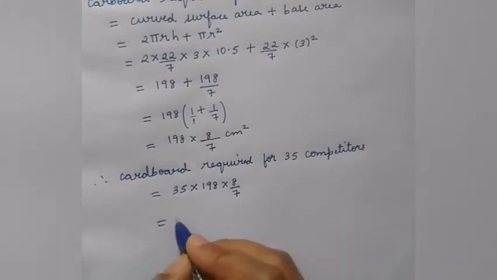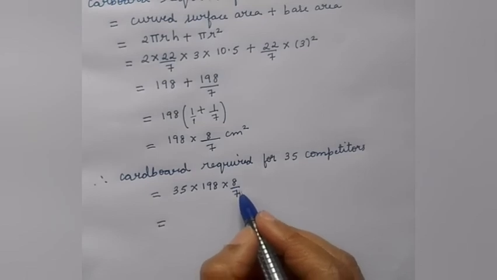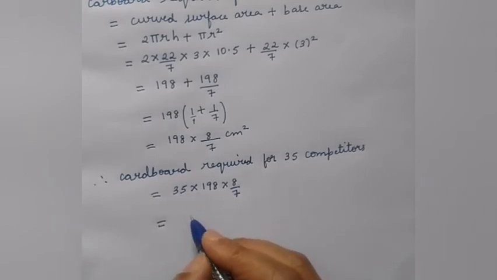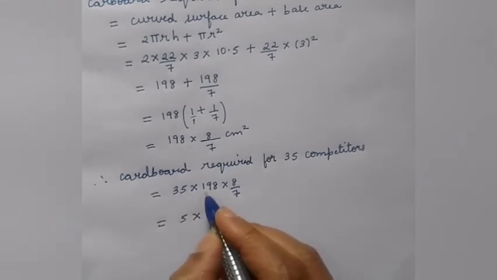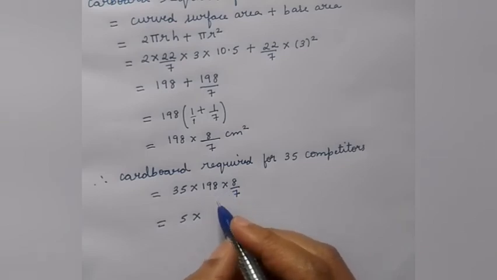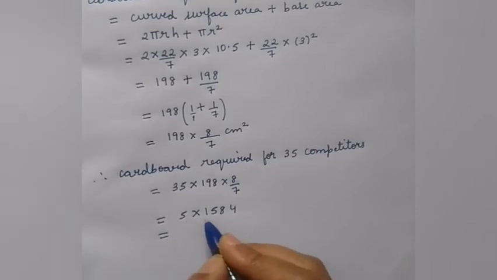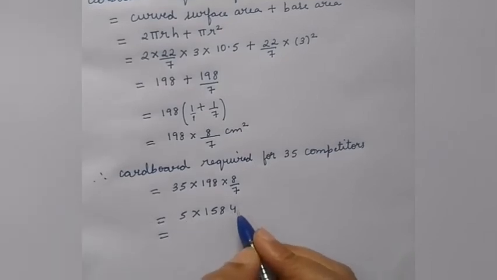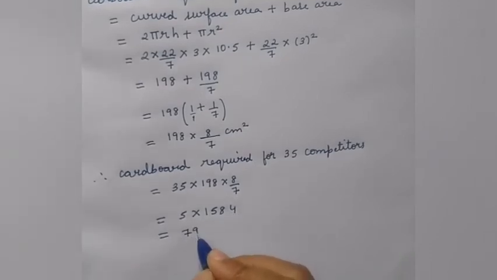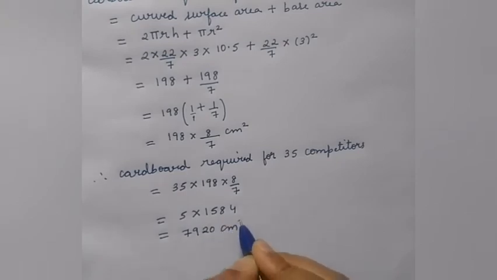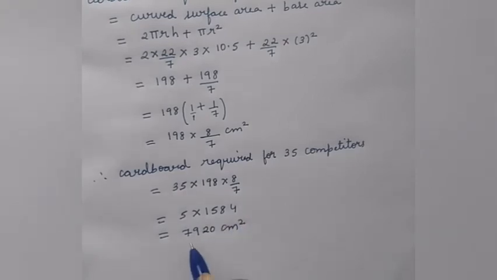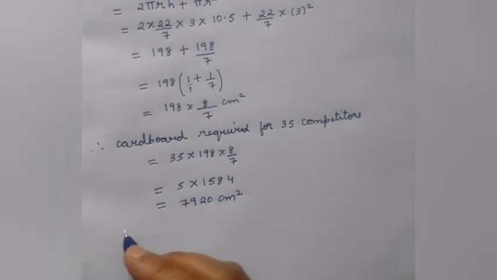The 7 cancels 5 times, so it is 5 into 198 into 8, which is 1584. Multiplying 5 into 1584, it is equal to 7920 centimeter square. So 7920 centimeter square of cardboard is required to be brought for the competitors from the Vidyalaya.